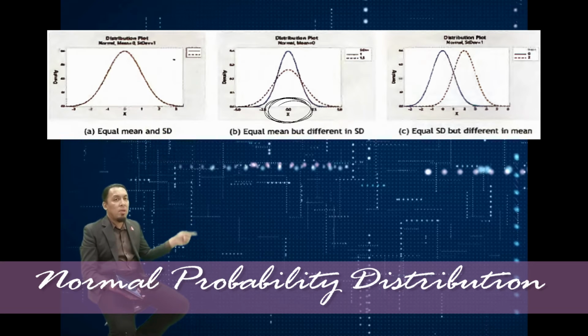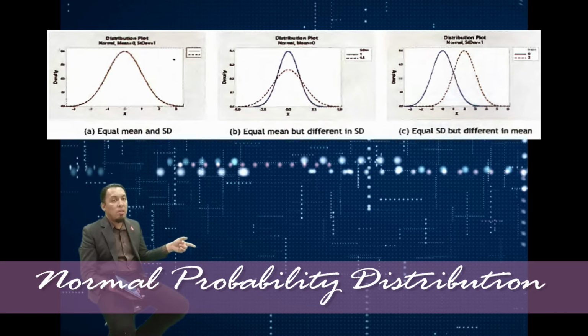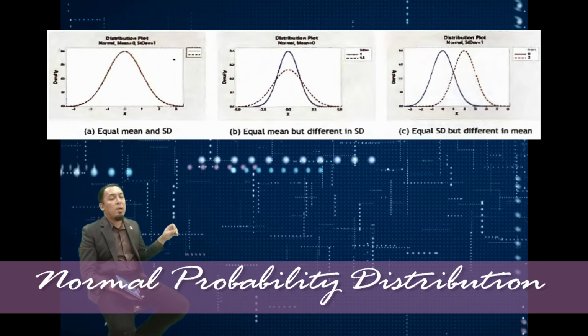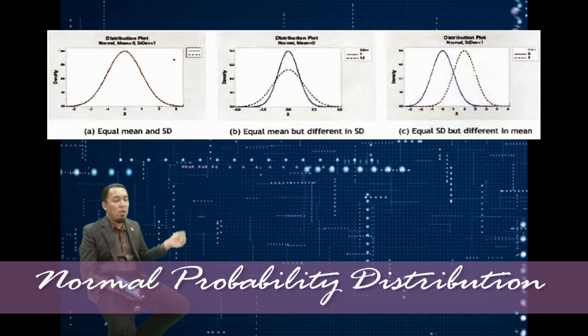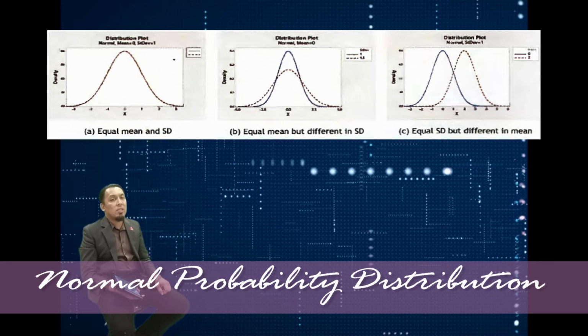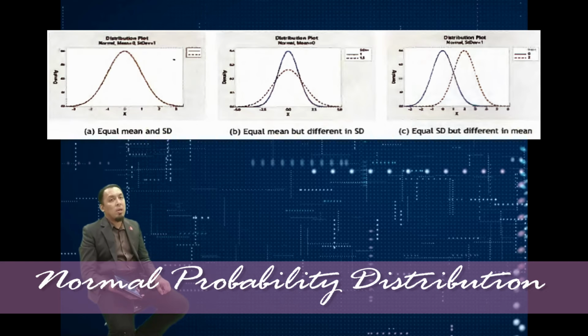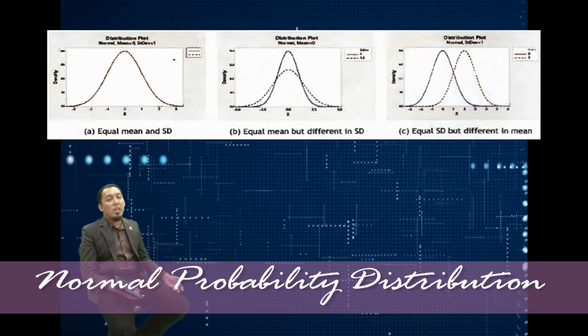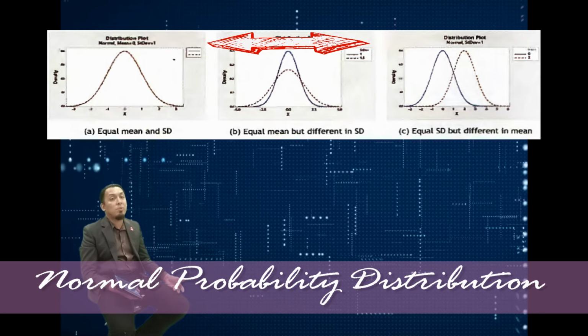We have the same mean that puts them at the same center, but one is high and one is quite low. That happens because they have different sigma. Sigma is the standard deviation, which indicates the spread or the dispersion.